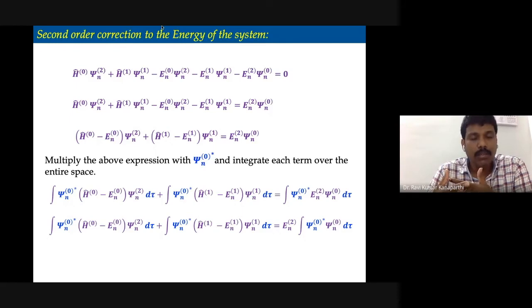If you are not getting a negative sign, then it can be a repulsive energy, a repulsion interaction between them. According to this perturbation theory, you have one molecule and another molecule at longer distance.